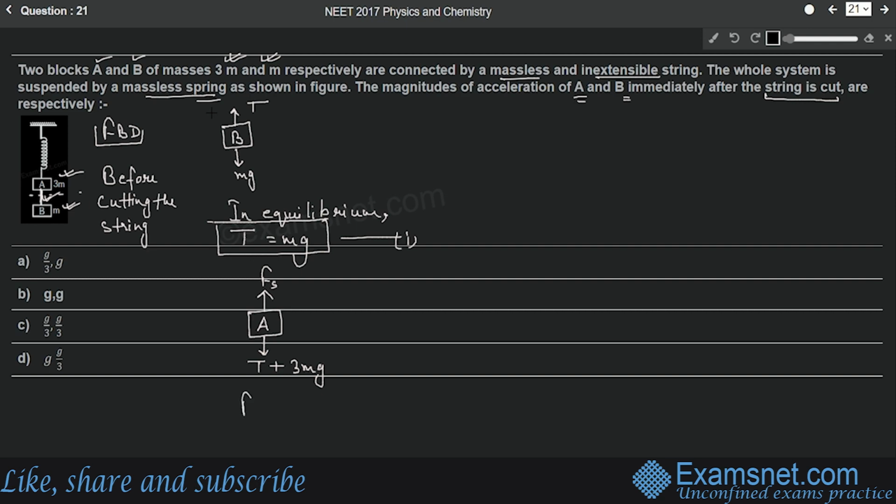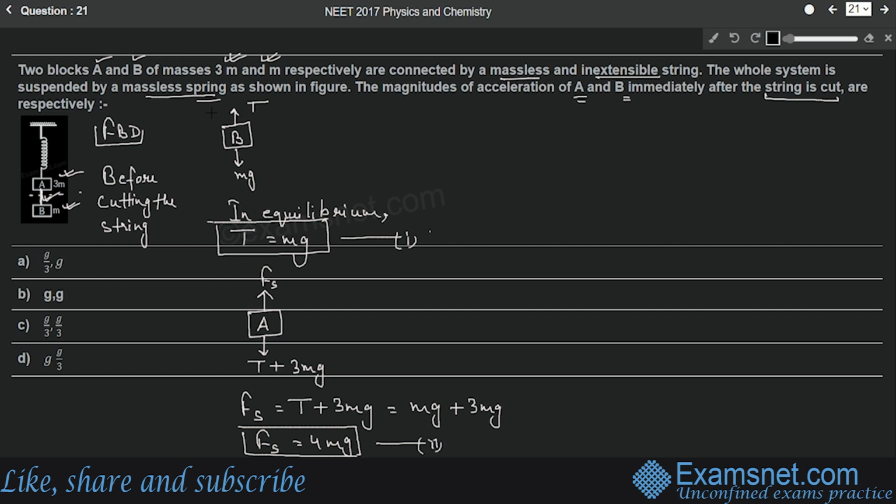That means the spring force will be equal to tension plus 3 mg. The upward force will be equal to the downward force, and in the first equation we have seen that T is equal to mg, so it can be written as mg in place of T plus 3 mg. That means it is equal to 4 mg. So we can say that the spring force will be equal to 4 mg. So let's mark it as equation number 2.